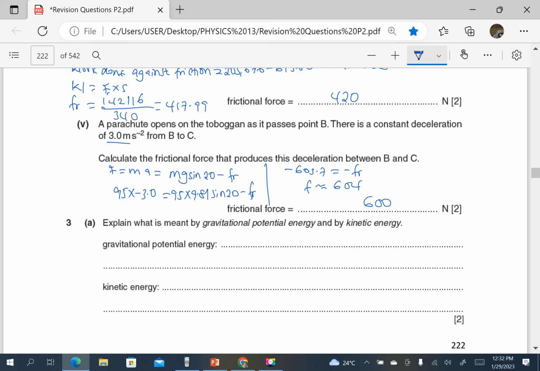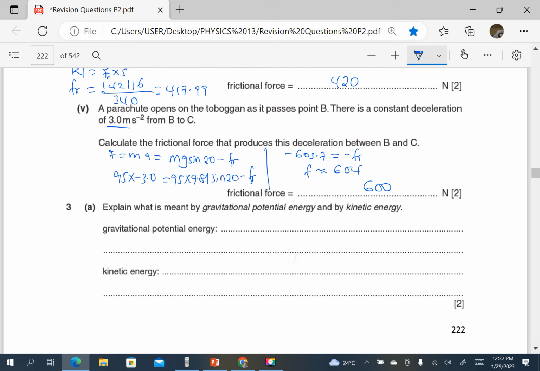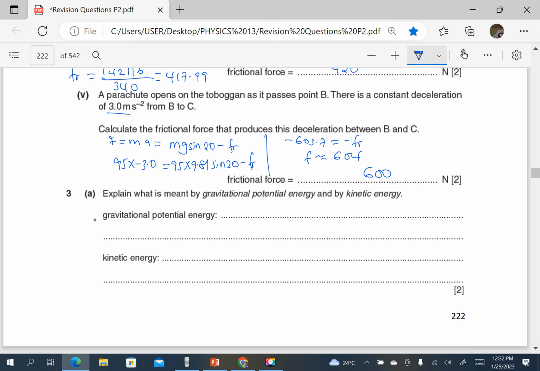Explain what is meant by gravitational potential energy and kinetic energy. I hope we have answered such a question. The energy of a mass due to its position in a gravitational field is the gravitational potential energy.